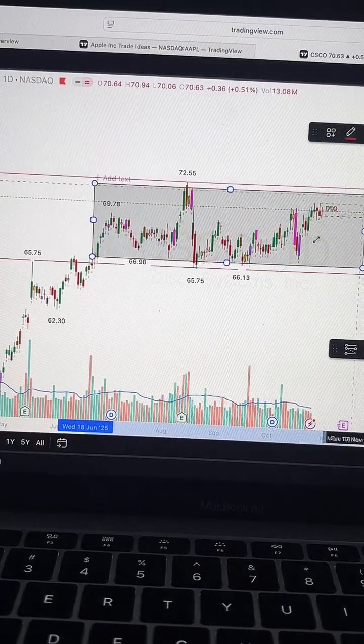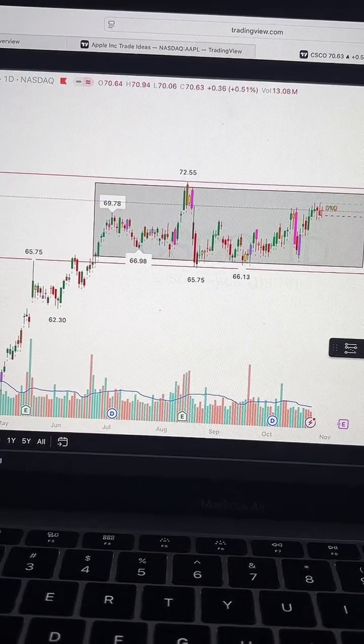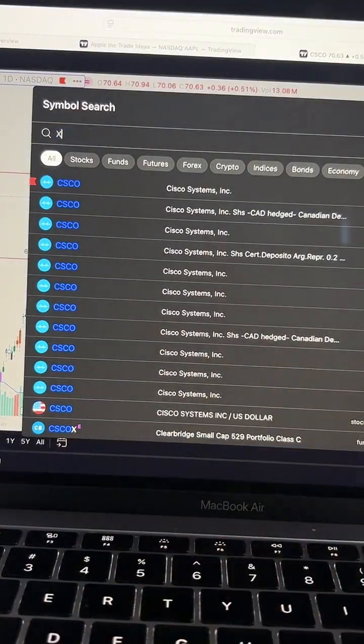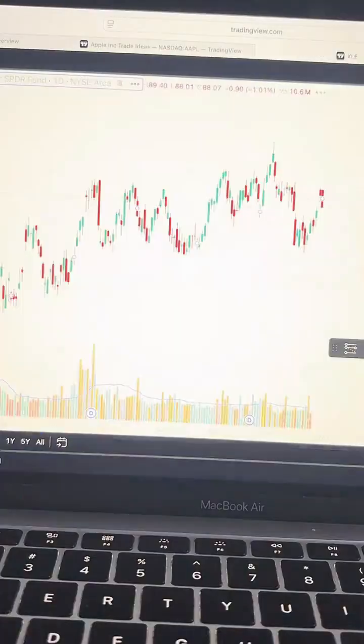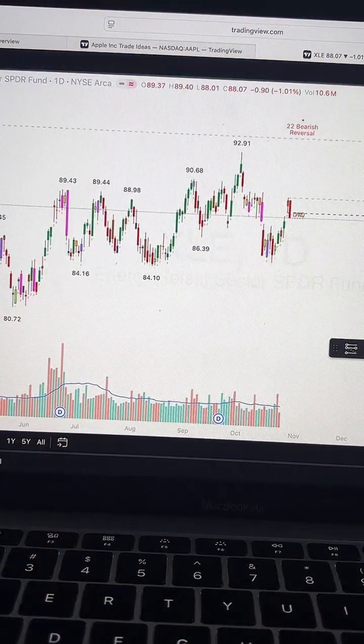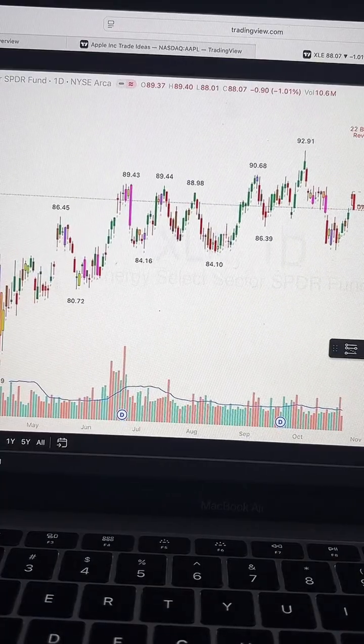Okay, so this is the market structure for Cisco: consolidation. You're either trending up, trending down, or consolidating. We looked at some oil, as oil performed the worst. So this is the oil sector ETF.